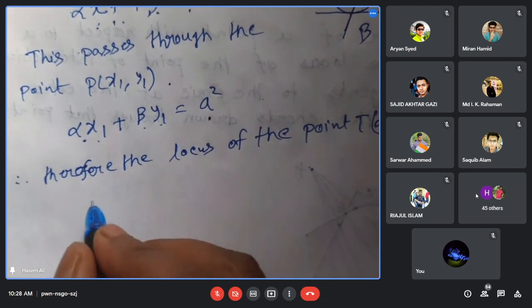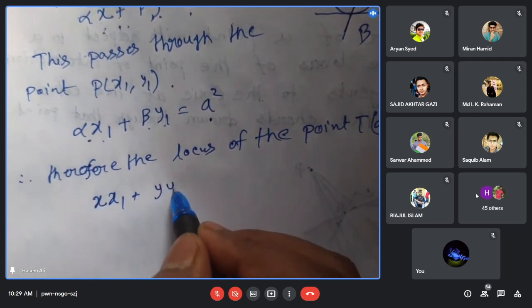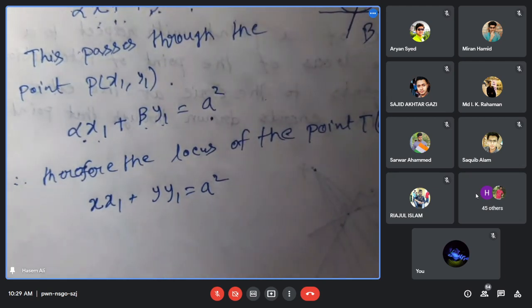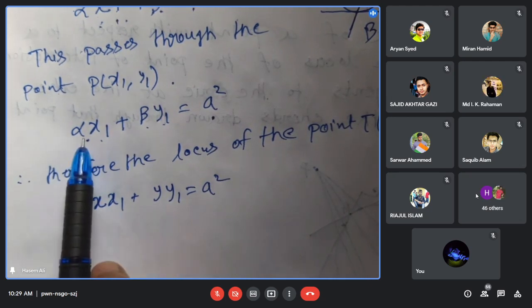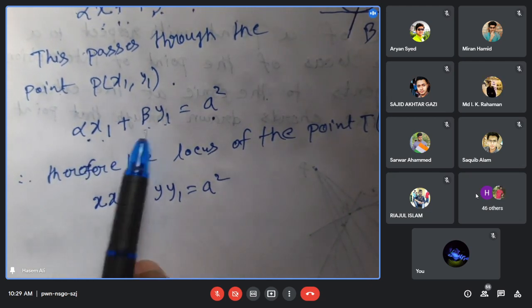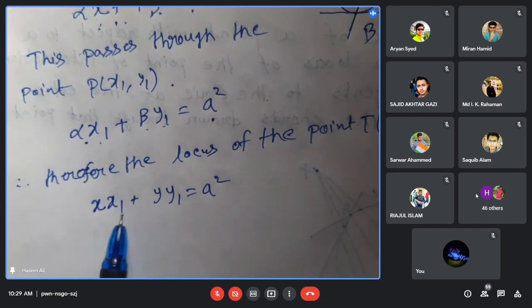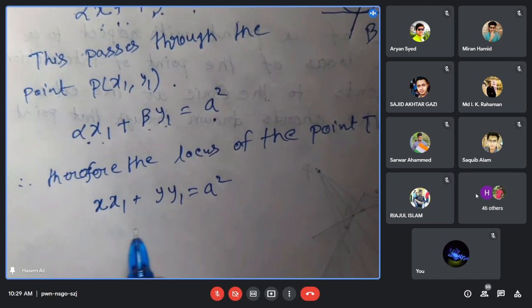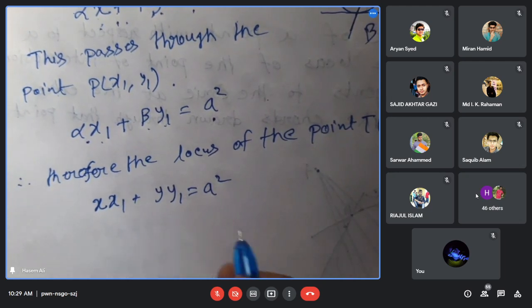It will be x1 x plus y1 y equals a square. Just put x and y instead of alpha beta. Alpha beta are variable, so we write them as x and y. So this is the locus of alpha beta, and by definition, this is the equation of the polar.